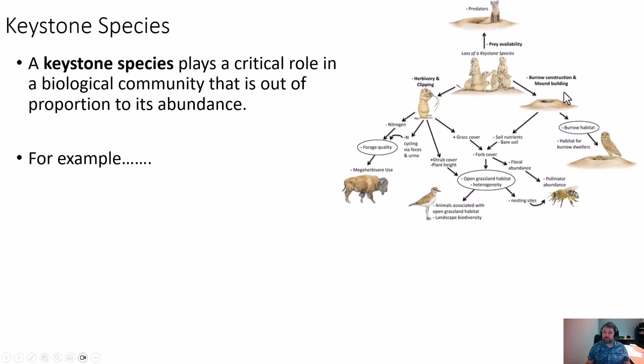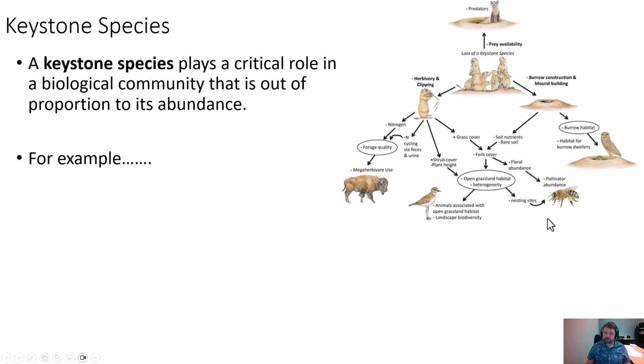Okay? The other big part of mound building and burrowing is you're cycling the nutrients of the soil. Okay? And so you're bringing the material that's further down, that might have a lot of resources from a nutrient perspective, you're bringing it to the surface and allowing for plants to grow in that.